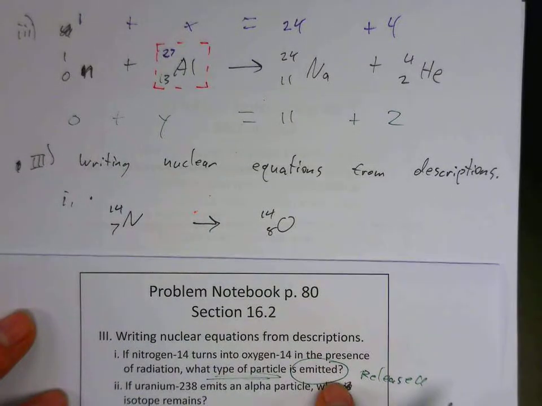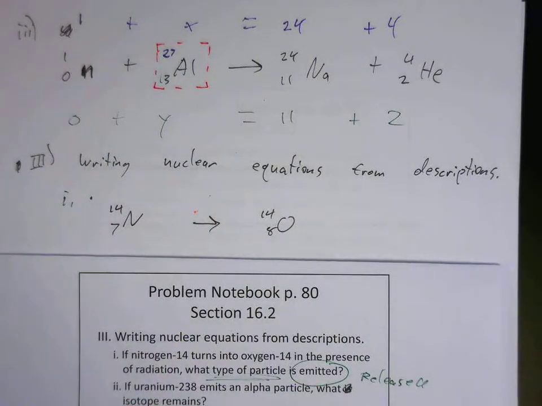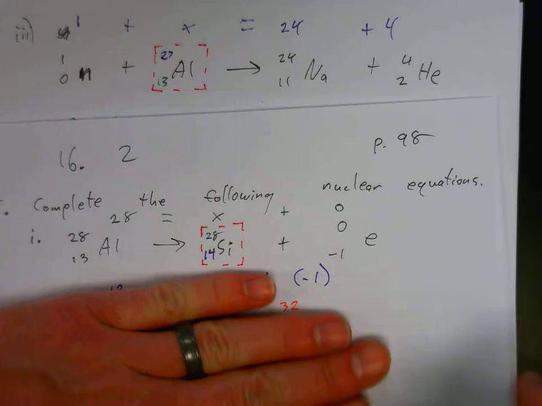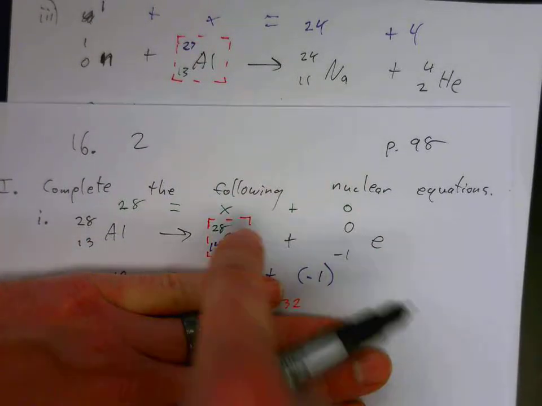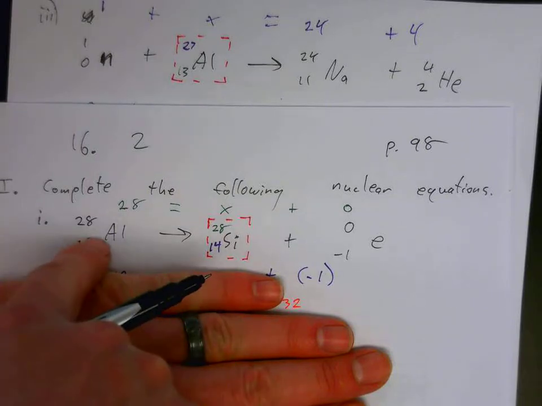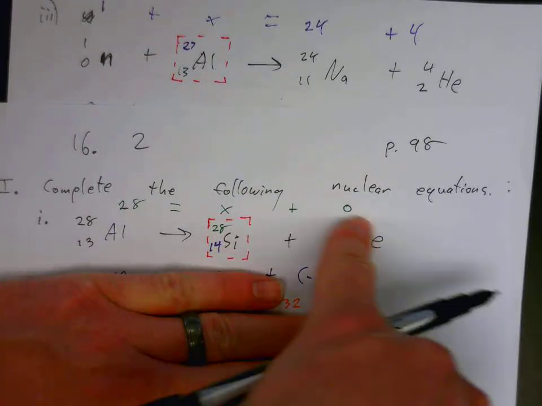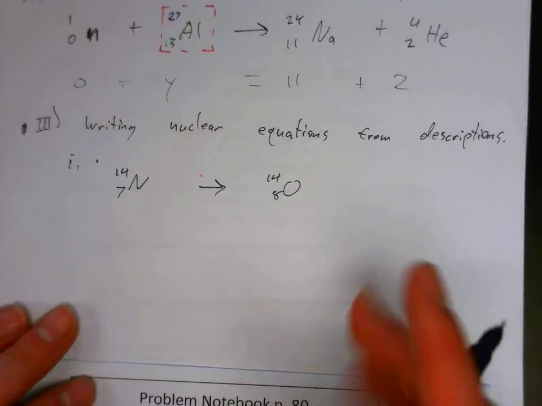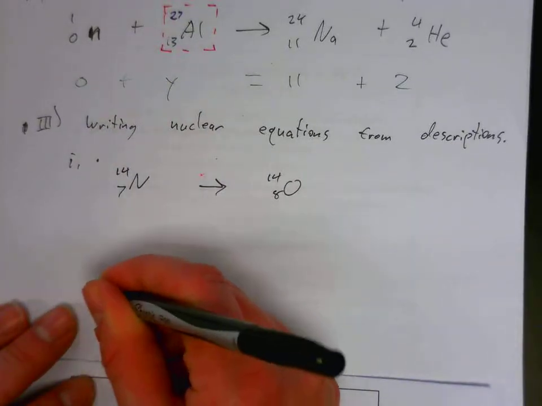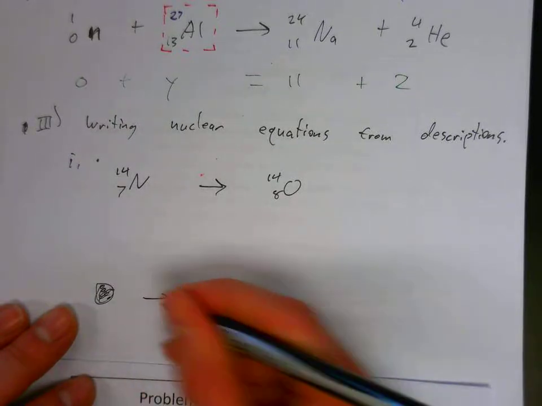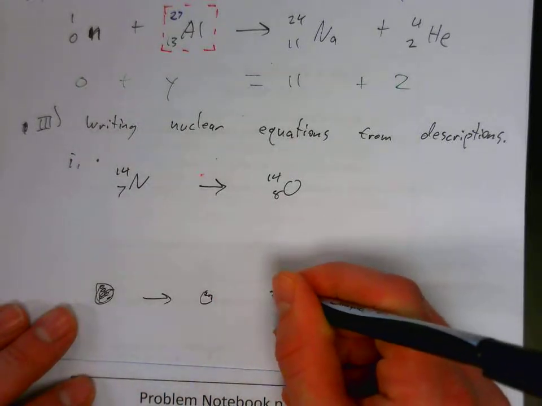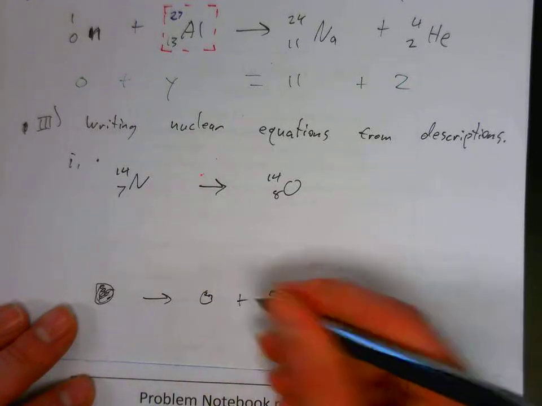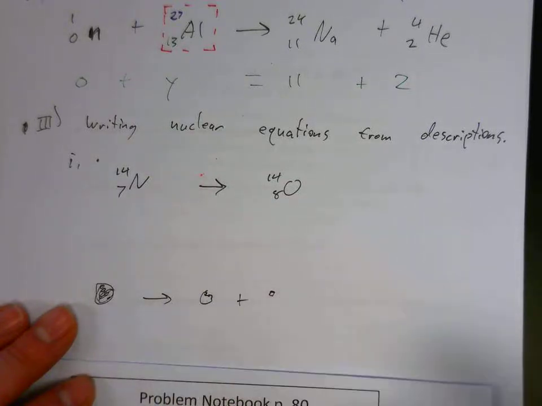Now, emitted means release. Let's think about these other examples here. For instance, in this example, the electron was emitted during this process. Notice it's on the right. We have one thing, and it emits something else, so a piece of that comes out.